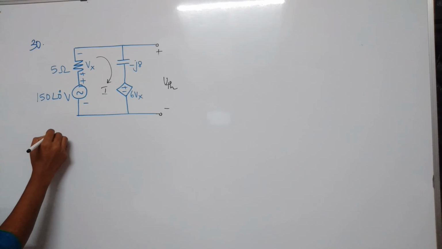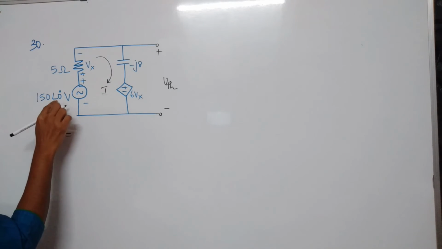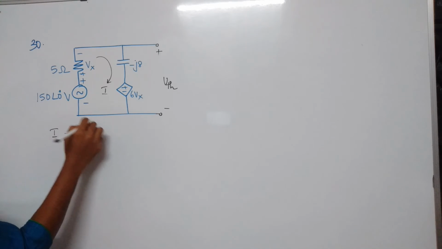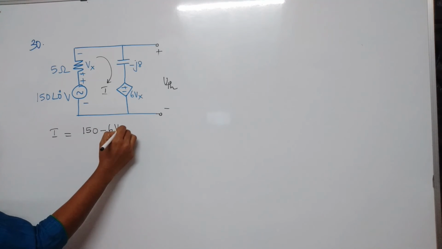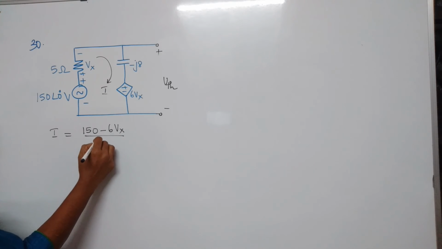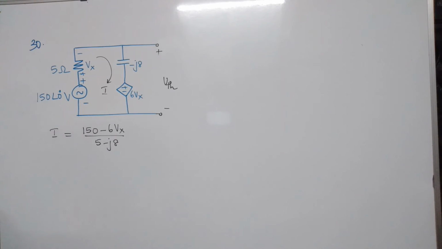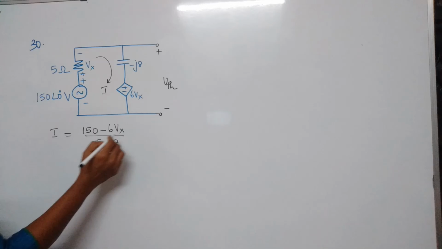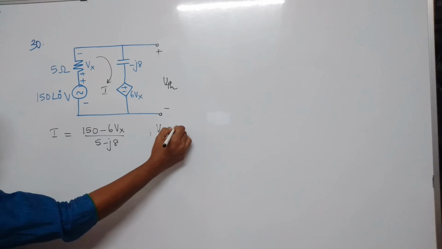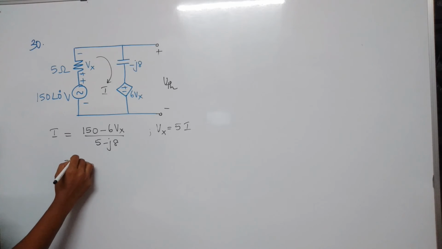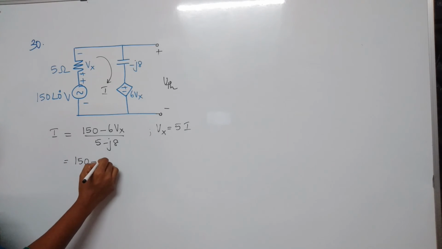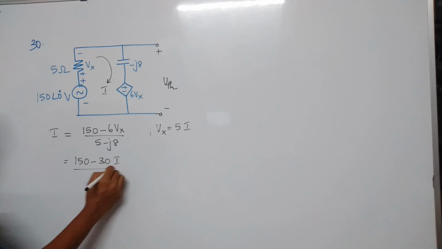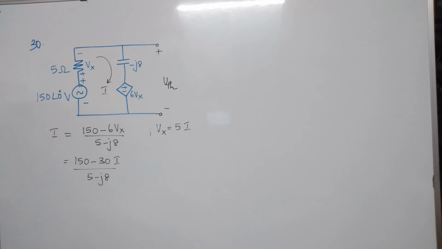So what will be I? I will be equal to 150 minus 6Vx divided by 5 minus J8. Now what is this Vx? Vx is 5I, right? If I is the current flowing through this, then Vx is 5 into I. So we can substitute here 150 minus 30I by 5 minus J8.